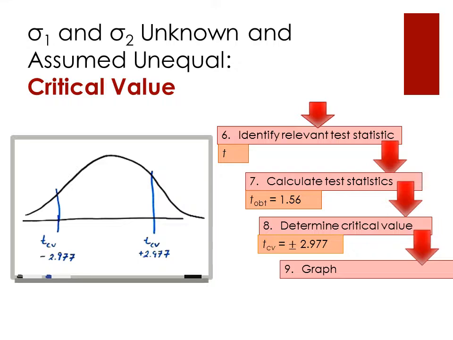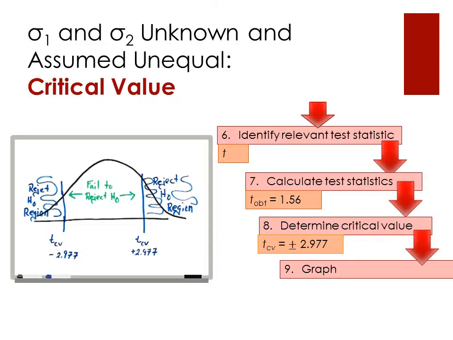So I've got my T critical value to the left and the T critical value to the right for both my negative and my positive. Now, question here. Which area of this figure is going to be the rejection region for this problem? Is it going to be the option in between my two critical values, or is it going to be the option outside to the left and right of my two critical values? So make sure you're clear about that when you're labeling your figure.